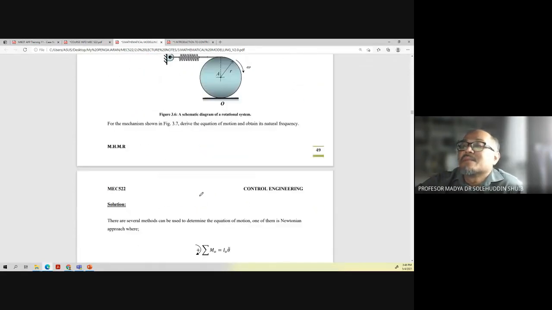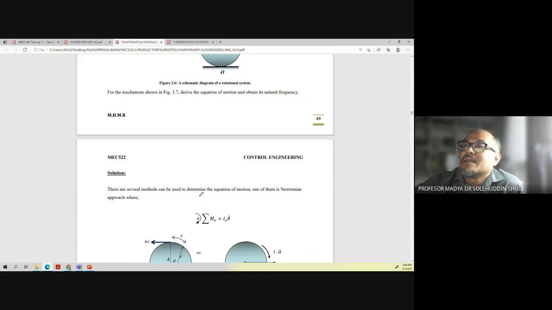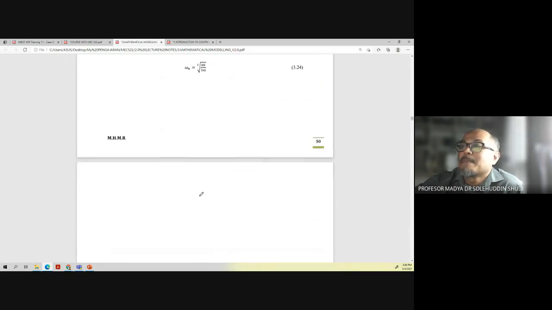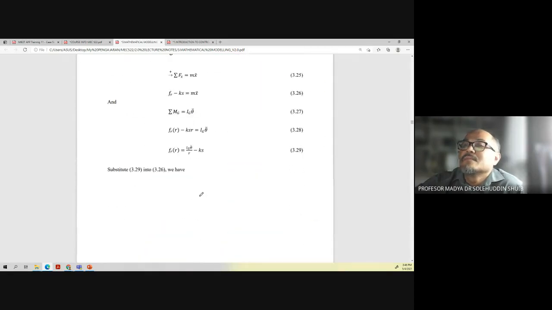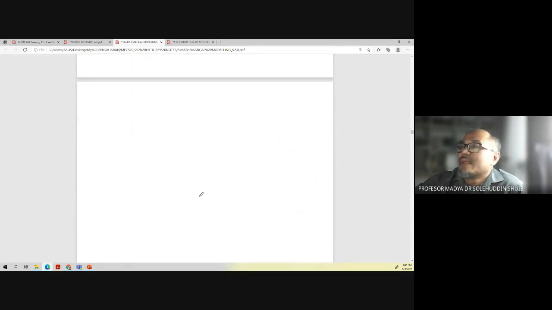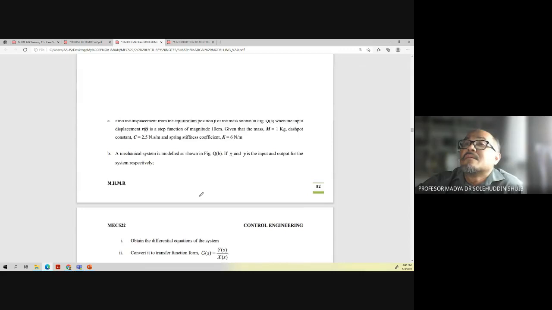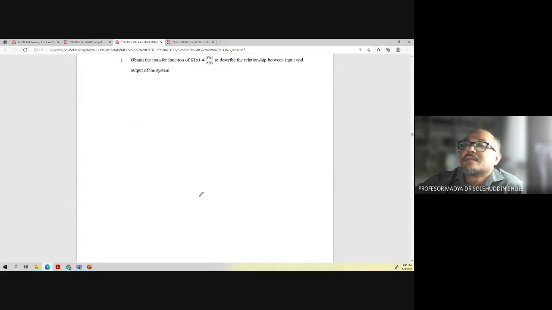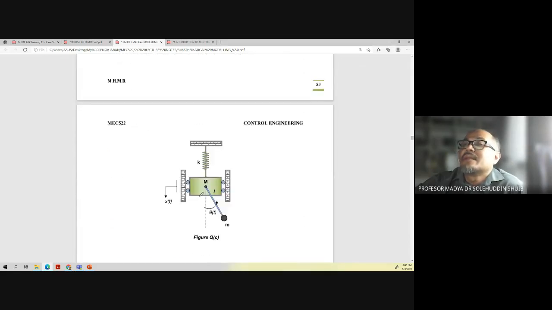You derive the equation of motion, and you obtain the natural frequency.